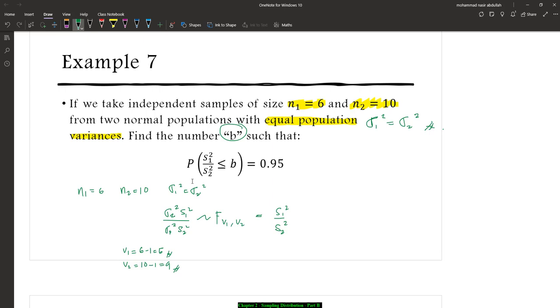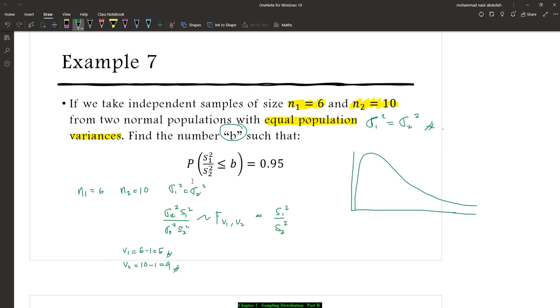Since we want to find the area to the left, and the F distribution is derived from two chi-square distributions, the distribution should look like a chi-square distribution as well. So you should have a curve skewed to the right.